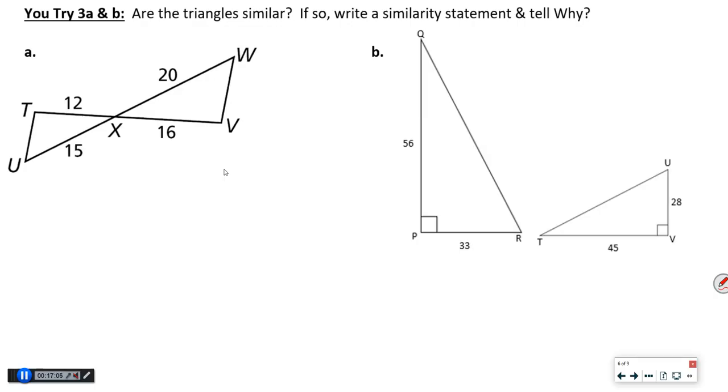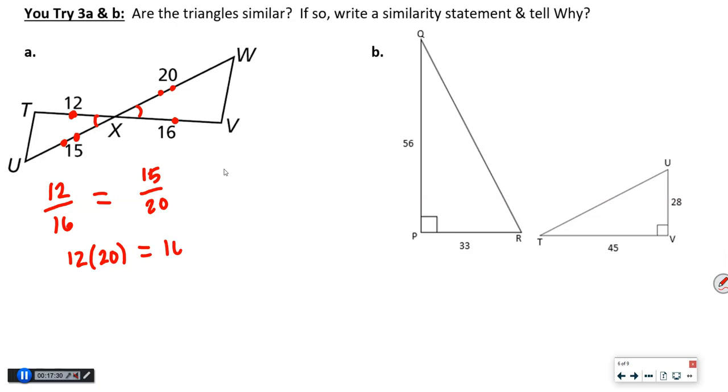So here, again, look short, short to short, long to long, okay? And then we have these angles that are congruent, right? So we're going to do 12 over 16. Is that equal to our 15 over 20? Okay, now I'm going to show you guys another way to check this, okay? So you can do 12 times 20 here.